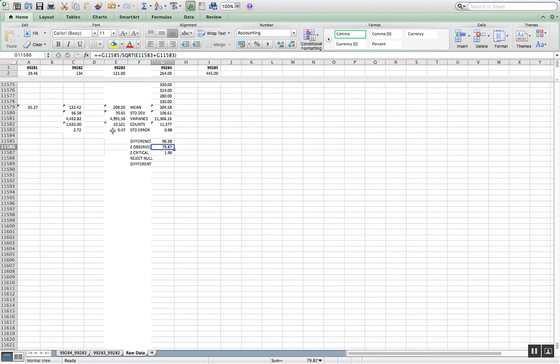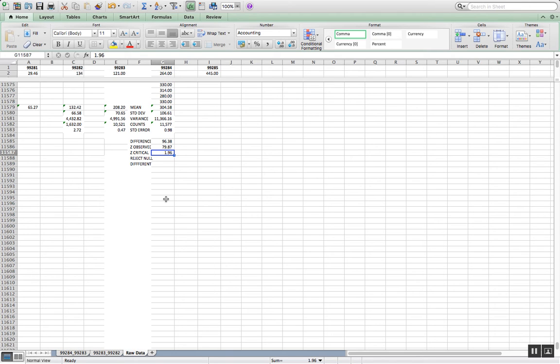So we add those two and take the square root of them, divide it into the difference, and that gives us the z observed. Here it's 79.87. And then we compare that with the critical value of z, which is 1.96.